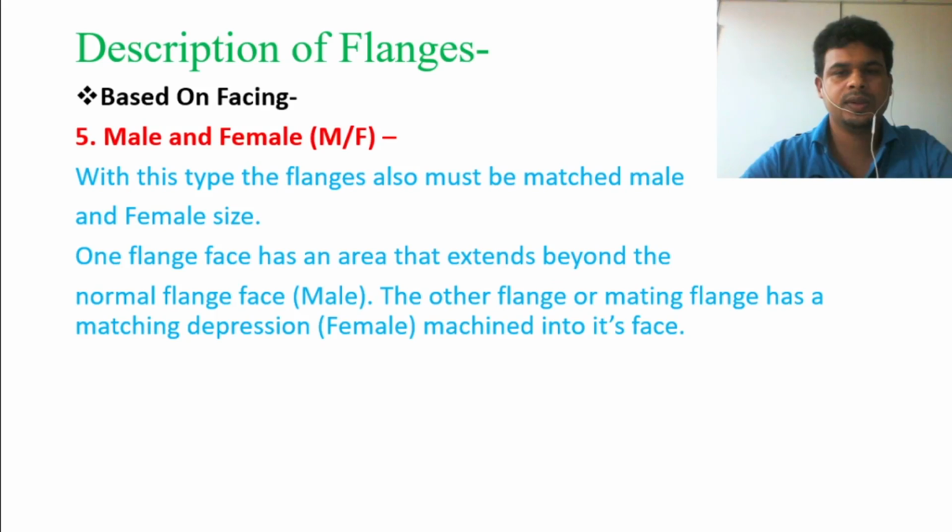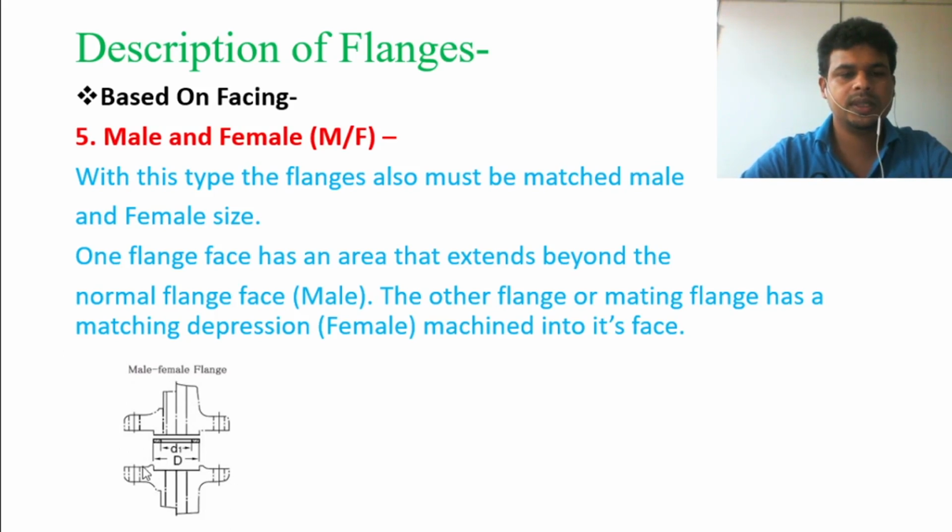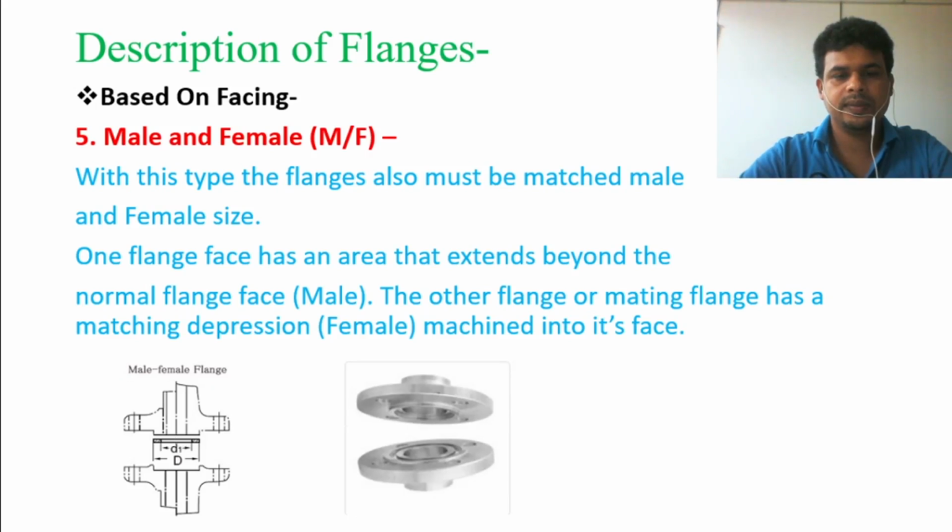The other, mating flange has a matching depression, the female, machined into its face. You can see here there is one groove, but in this case no groove on the male, and on the other is the female. So male and female connection is here. You can see the photos. These are male and female flanges.